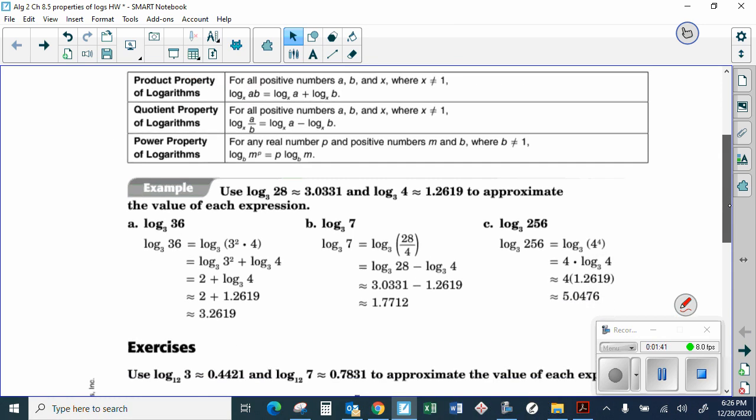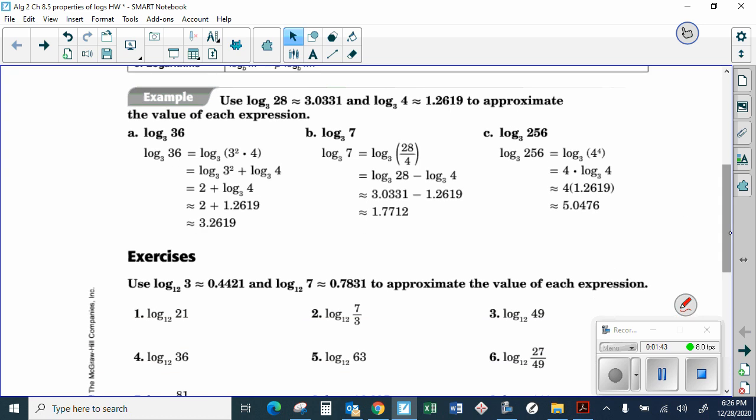So this is what we're doing here, using that information: log base 3 of 28 is approximately this, and log base 3 of 4 is approximately this, to approximate the value of each expression. So what they're saying is, I need to use only 28s or 4s involved.